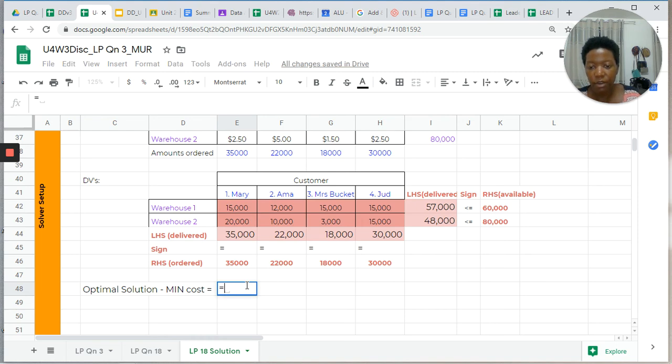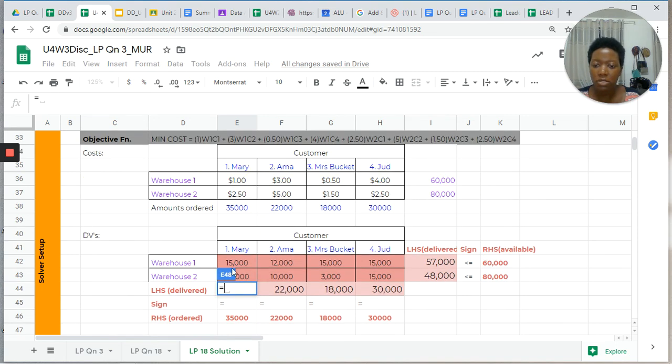Okay, this is the fun part. Instead of multiplying my objective function by saying 15,000 times $1, as per this function, plus 12,000 times $3, plus 15,000 times 50 cents, plus until I do all 8, I can use a sum product formula.